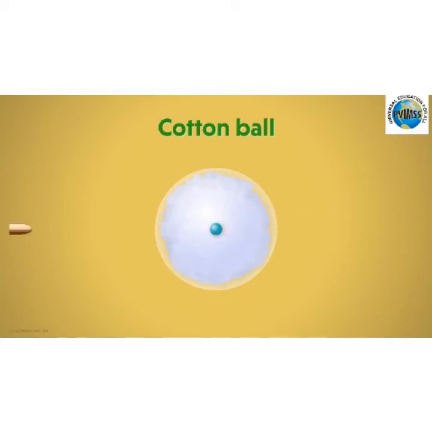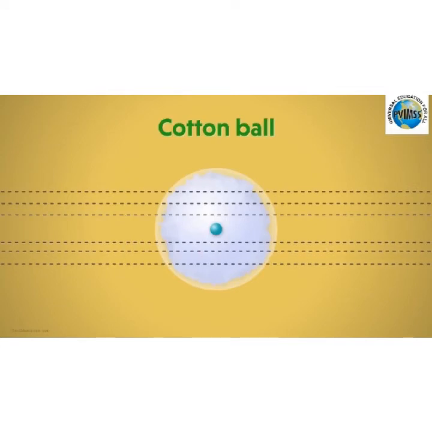Now what will happen when we shoot many bullets at the cotton ball? Most of the bullets pass straight through the ball. If a bullet hits the edge of the center, the bullet will slightly change angle and get deviated. And the size of the center is small, so only some bullets will deviate.